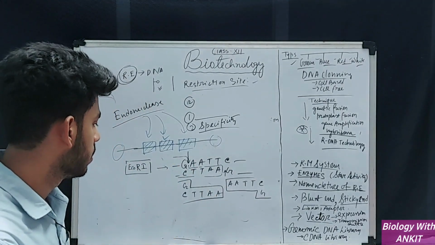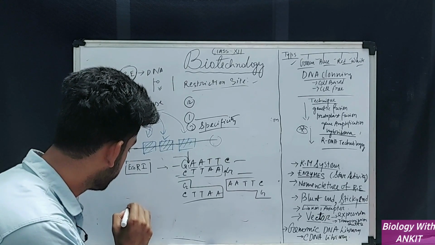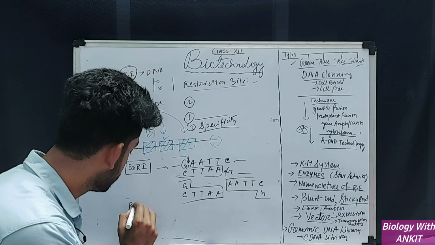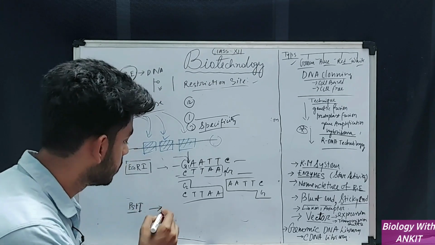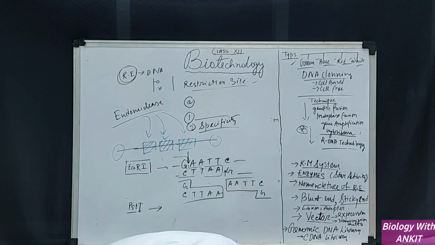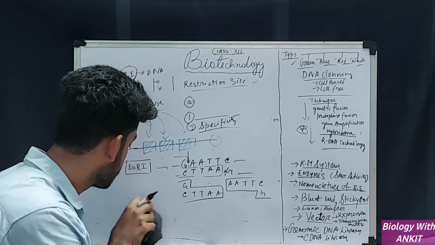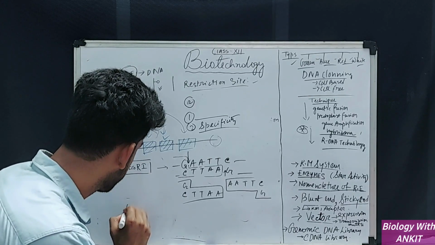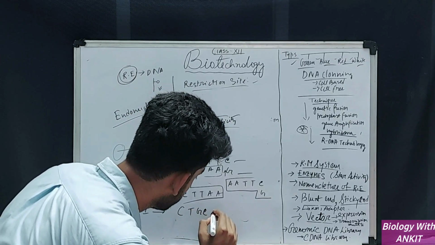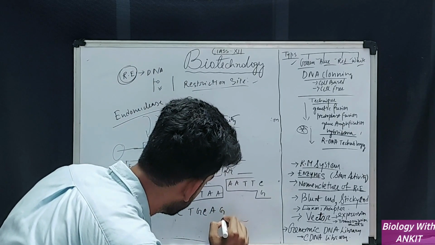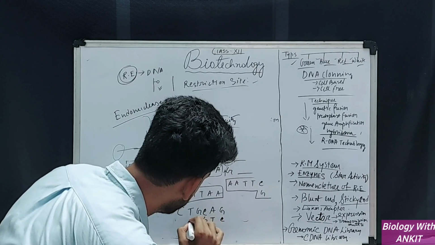There is also another enzyme called PstI that cuts a site called CTGCAG.